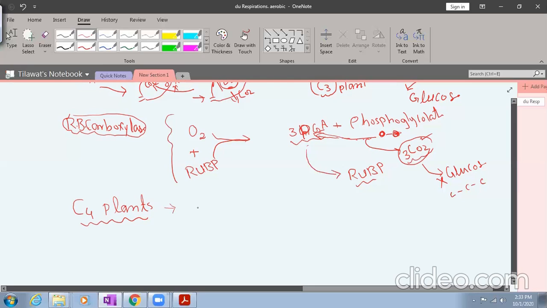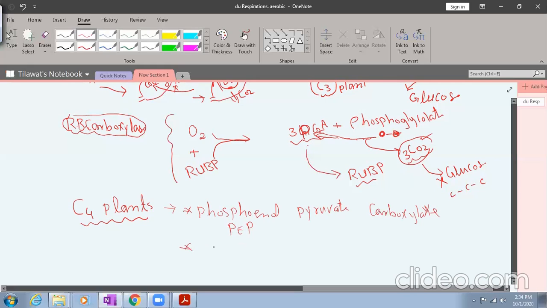That enzyme is called phosphoenolpyruvate carboxylase, and we call that PEP carboxylase. That is fixing carbon dioxide whether oxygen is more or less, no matter.